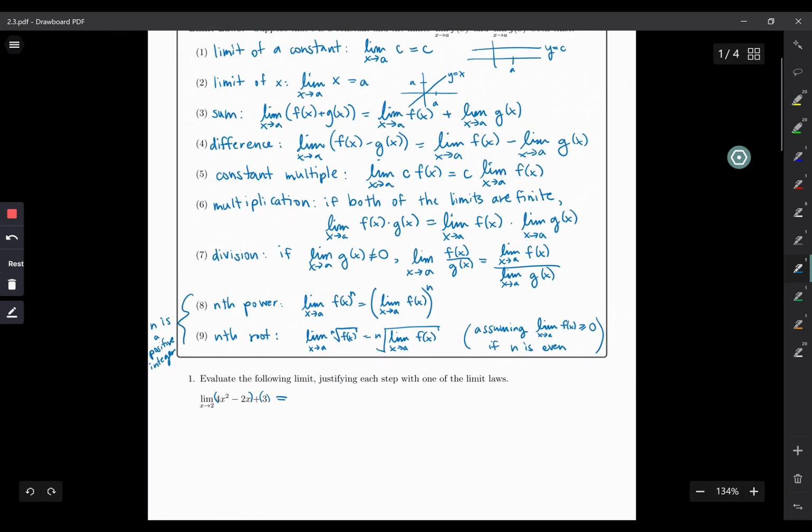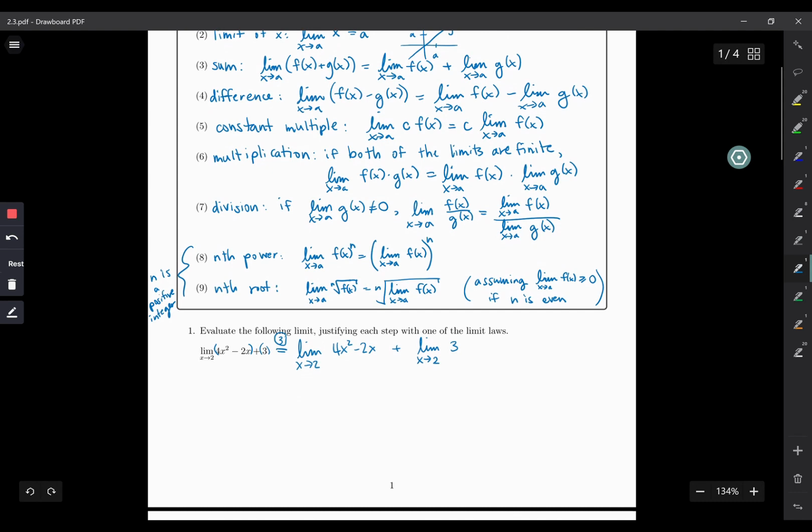I'm using the third limit law, so I'm going to put a 3 above the equals sign, and then I'll split this into the pieces: the limit as x goes to 2 of 4x squared minus 2x, plus the limit as x goes to 2 of just 3.